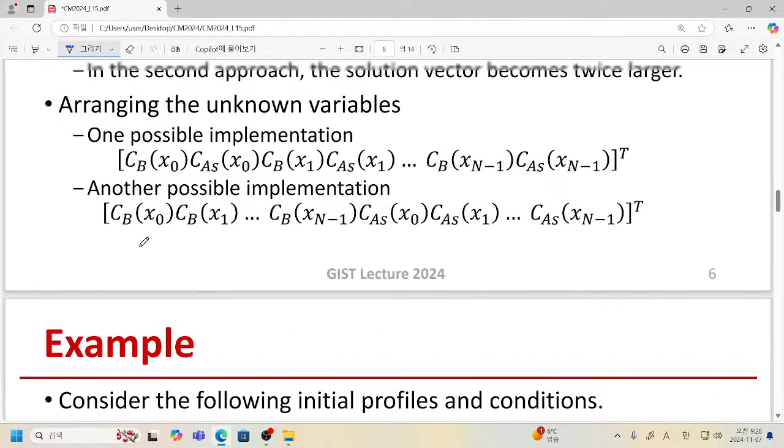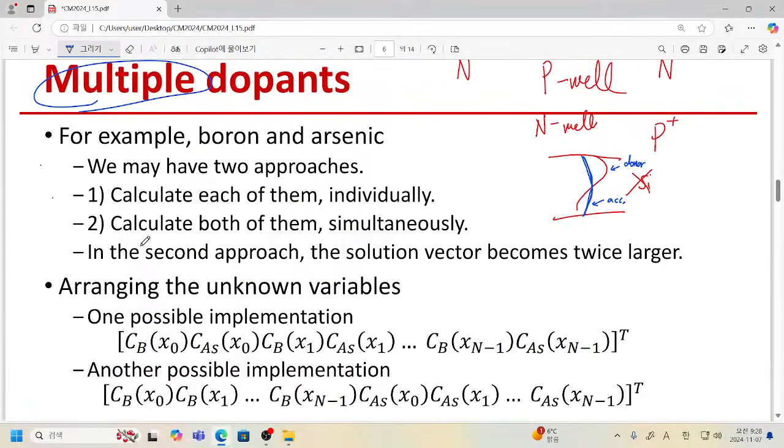Okay. So now let's assume that we have two species, boron and arsenic, and we may have two different approaches. During the time evolution, borons are diffused and arsenics are diffused. They can be treated individually.